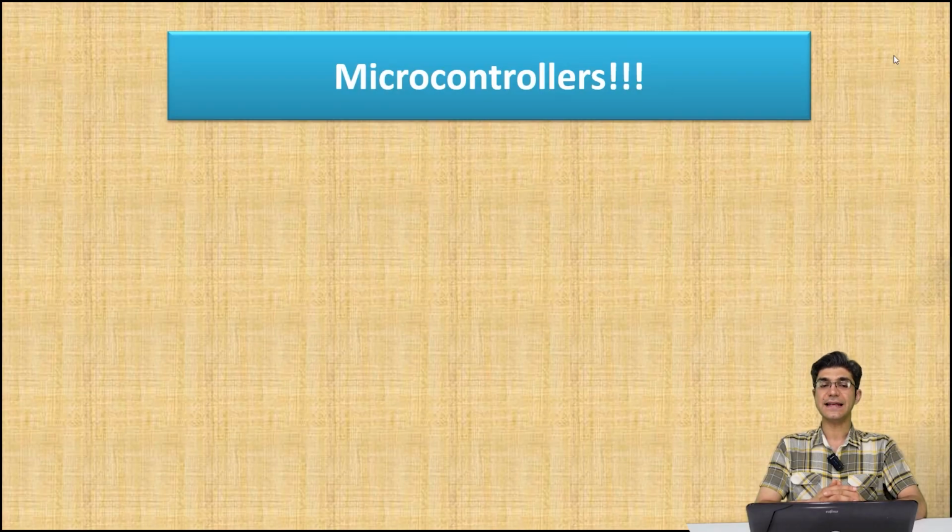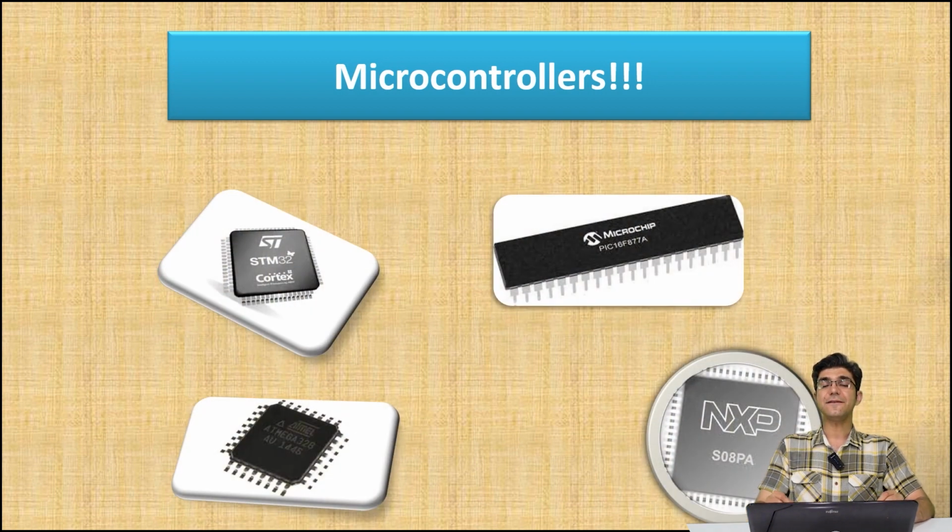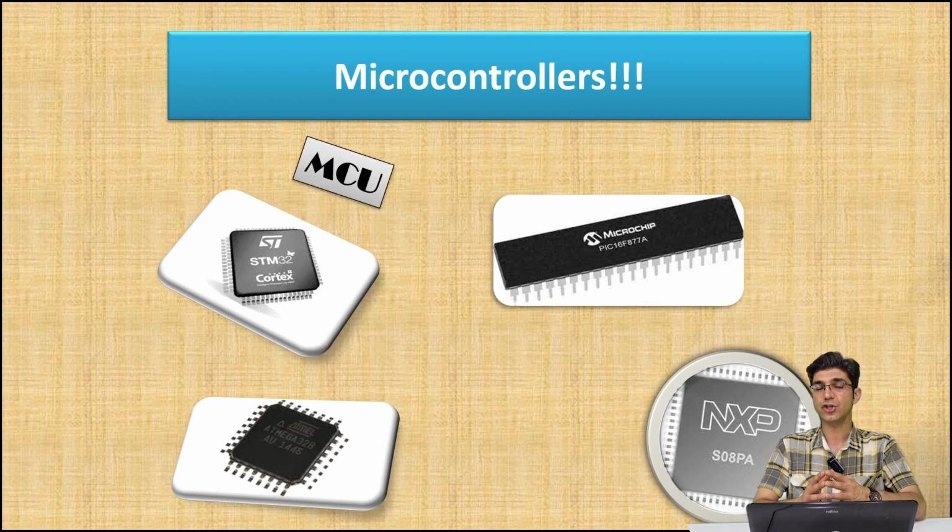So what is a microcontroller? A very simple answer: it is a small computer based on digital logic that can process just 1 and 0. It has many parts, such as RAM, memory, EEPROM and flash memory.